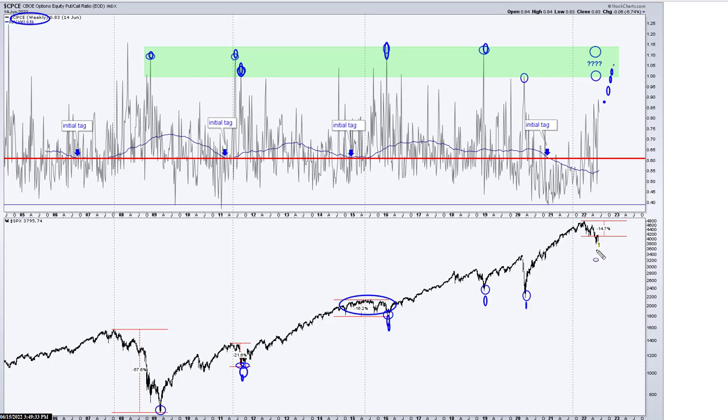And if and when that happens, we get that spike up. All the better if it coincides with my T3 or T4, my next, or especially my final targets on the weekly charts. That's when you want to get long. That's when you want to put your 401k back into equities pretty heavy, and ride the wave. Until then, we have to navigate this bear market, and that's what we'll continue to do.